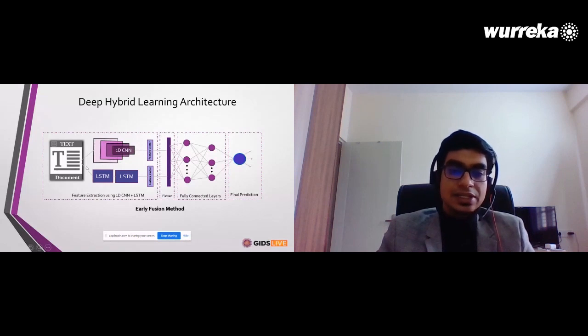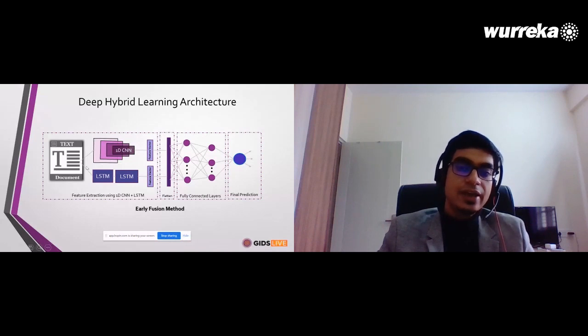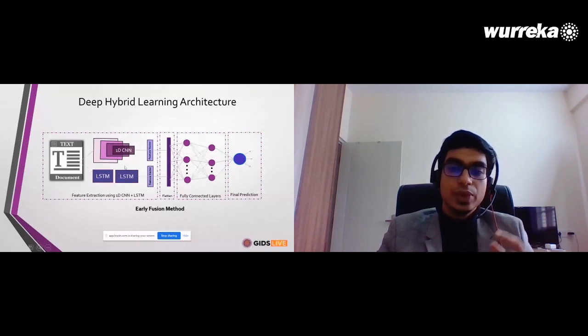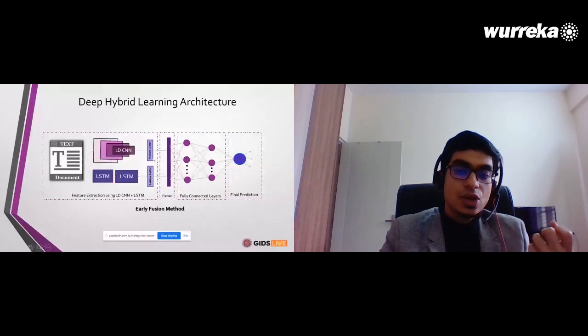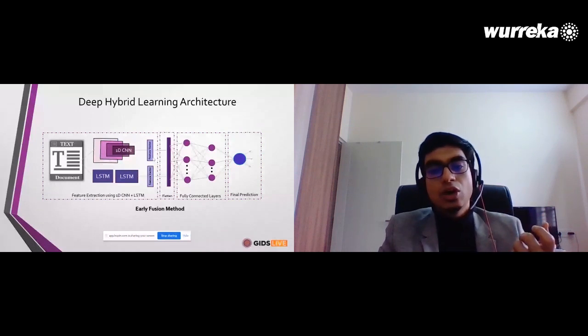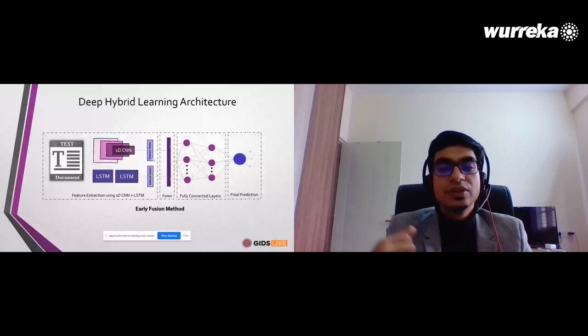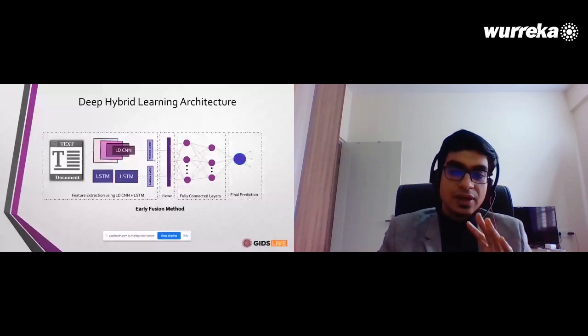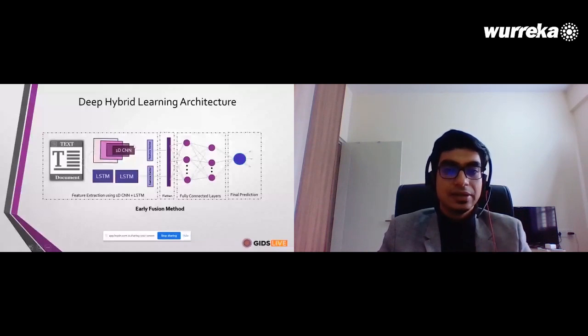So here, instead of having just one path for the feature extraction part, we have two parallel paths, and these two parallel architectures or layers can extract different types of features. When we have those different types of features, we can combine both into one unique feature vector, and on top of that we can have the fully connected layers to do the final prediction. So this is an early fusion method, where the combination happens even before the features are extracted.